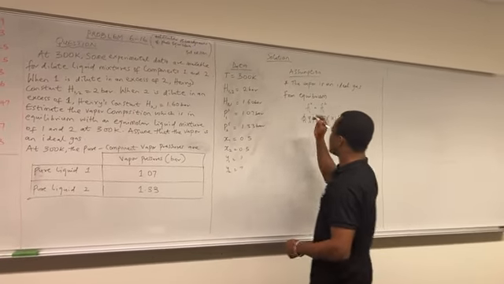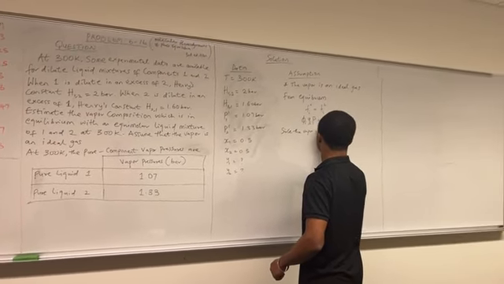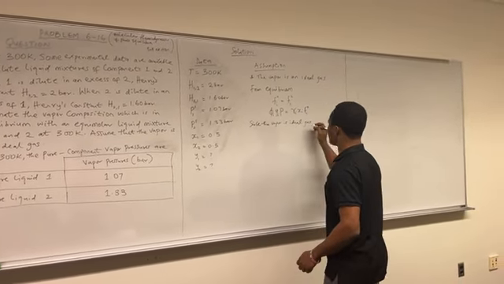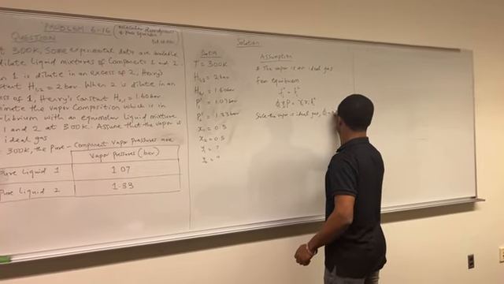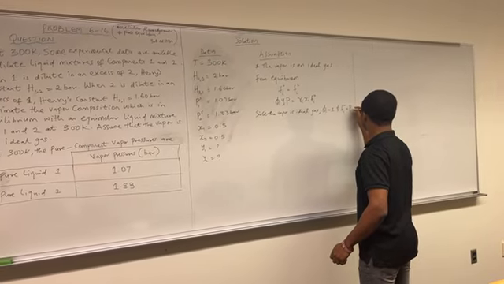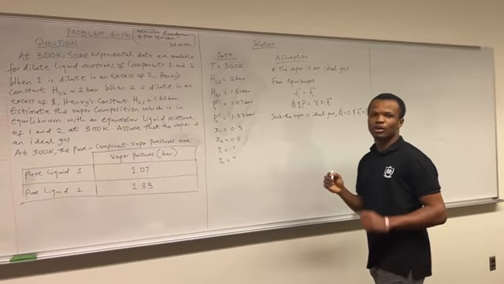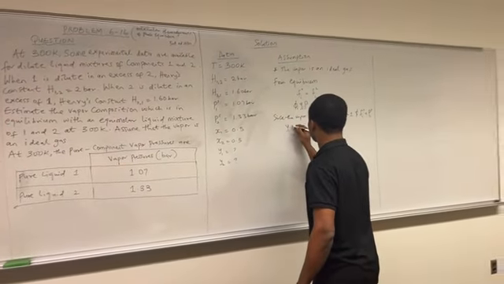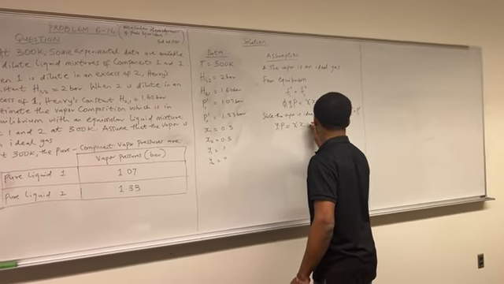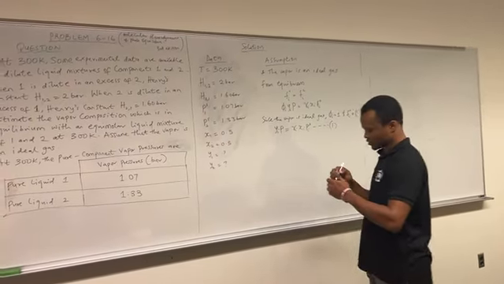But from the assumption, since the vapor is an ideal gas, our phi_i is equal to 1 and f_i naught is equal to P_i^sat. So the above equation now becomes y_i P equal to gamma_i x_i P_i^sat. Let's call this equation 1.